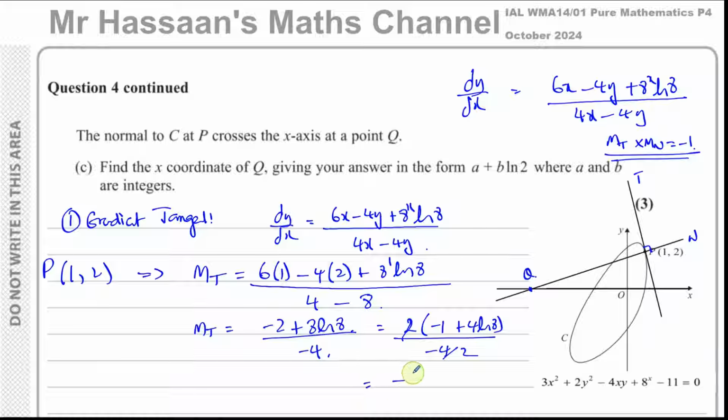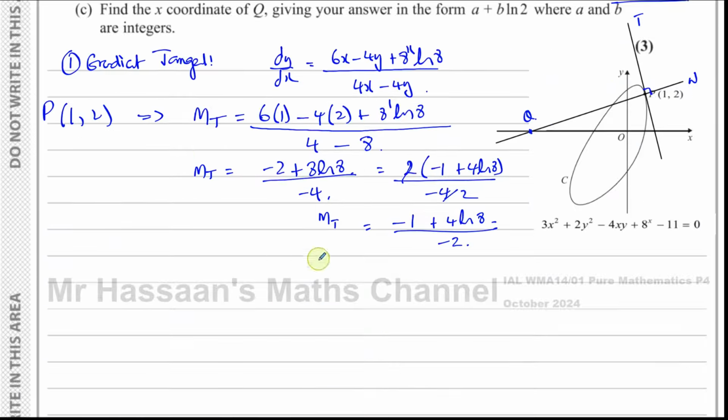So I'll have minus 1 plus 4 ln 8 over negative 2. So that's the gradient of the tangent. Now what we can do is rewrite this to make it a bit simpler to deal with as 4 ln 8 minus 1 over negative 2.